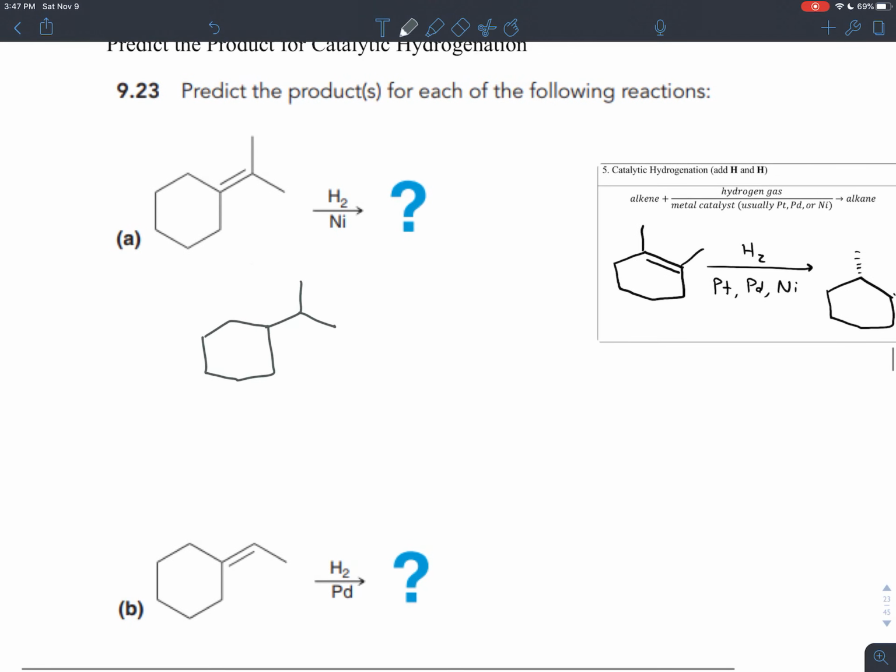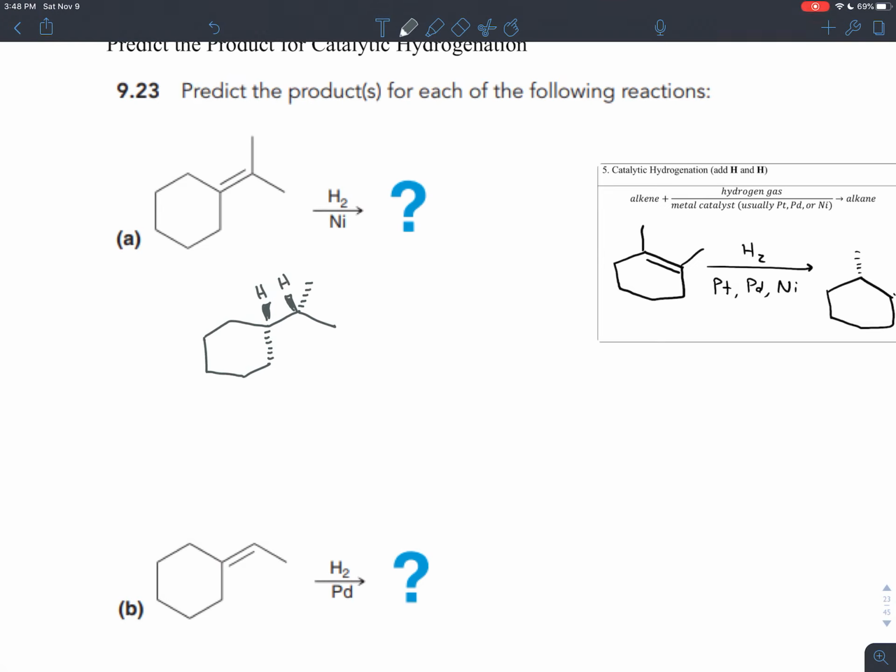Now, technically, if you form a chiral center, which we don't in this problem, then you'll want to make sure you add the hydrogens syn, and then adjust the other bonds to make sure that they're tetrahedral.